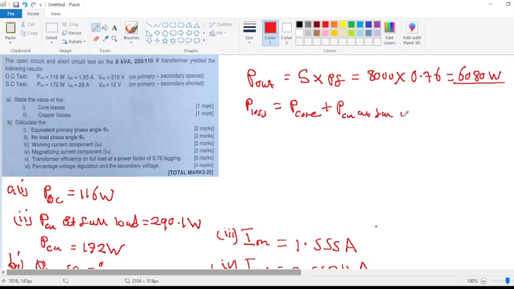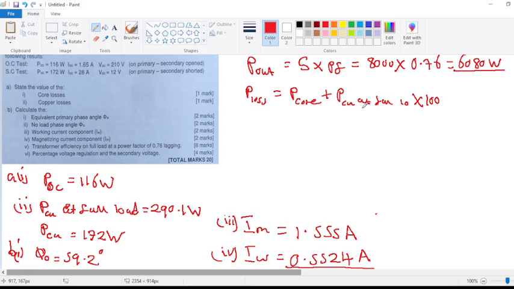So this is the formula that we have to use for us to calculate the efficiency of the transformer. Remember, if you want to find the percentages, we multiply by 100, because the percentages add up to 100.